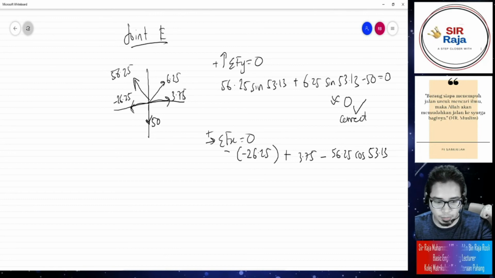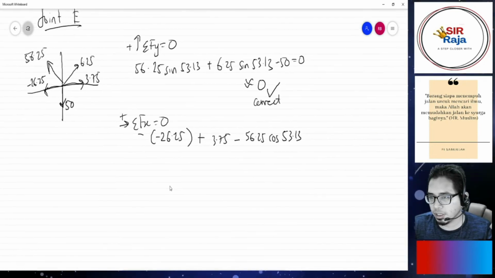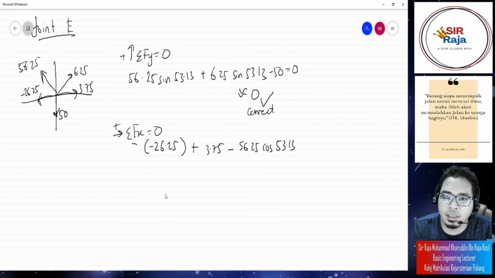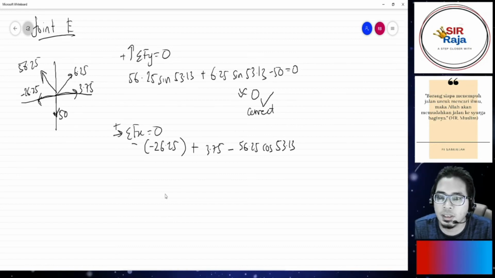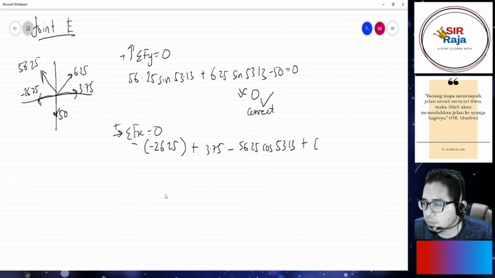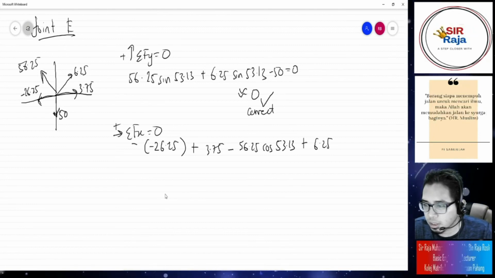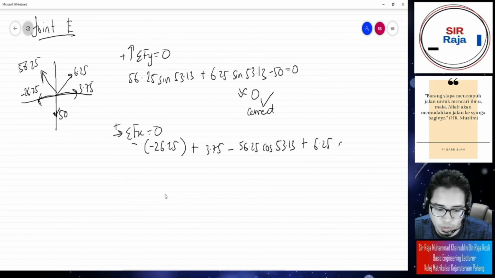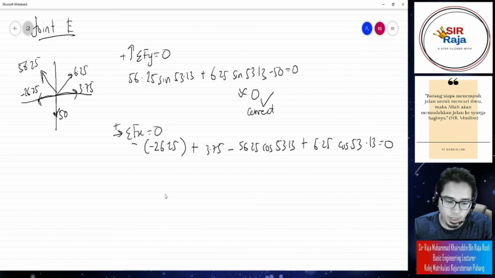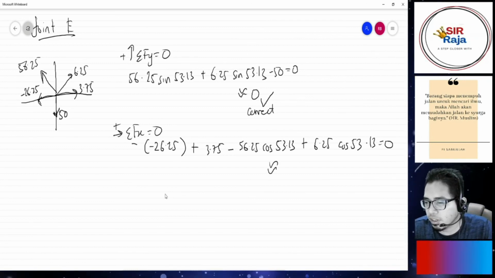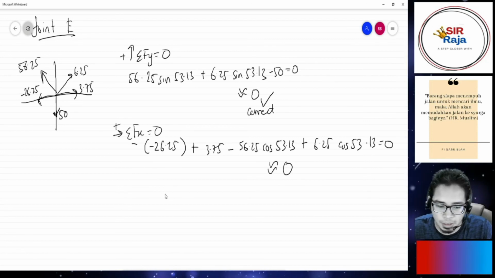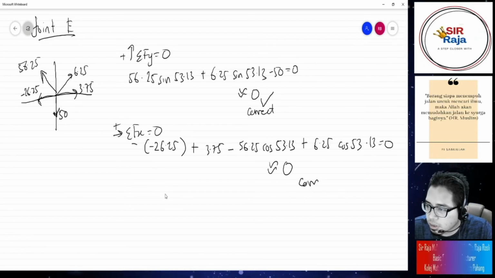And also in this case, this 6.25 here, plus 6.25 cos 53.13 because it's going in the right direction, and this is equal to 0. We're gonna get very close to 0, or even exactly 0, depending on your decimal place, and you will check the answer is correct.